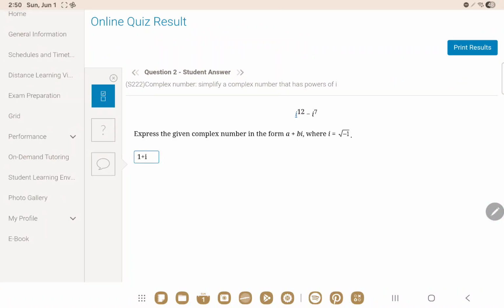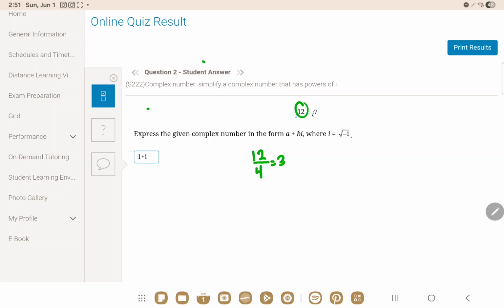Okay, so express the complex number in the form a plus bi, where i is radical -1. Now, what do we know? Whenever we're looking at these, we have to divide the exponent by 4. For example, 12 divided by 4 equals 3.